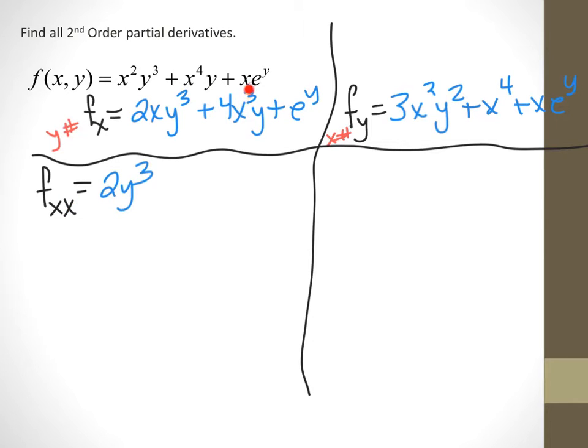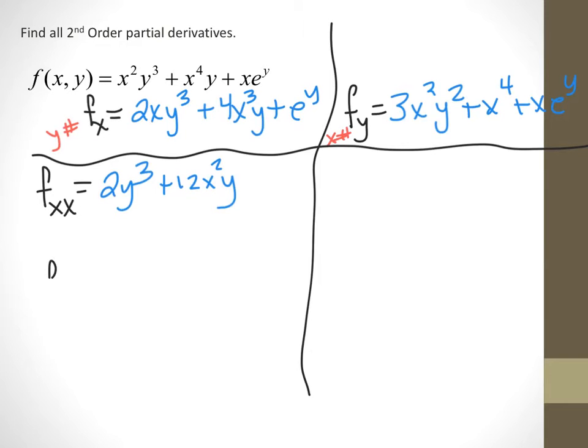With respect to x, if you ignore the y, you get 12x squared, but the y comes along for the ride because it's just a number, so 12x squared times y. And then the last one, there is no x in this term, so the derivative with respect to x of that is just 0, so you can put plus 0 or just leave it.